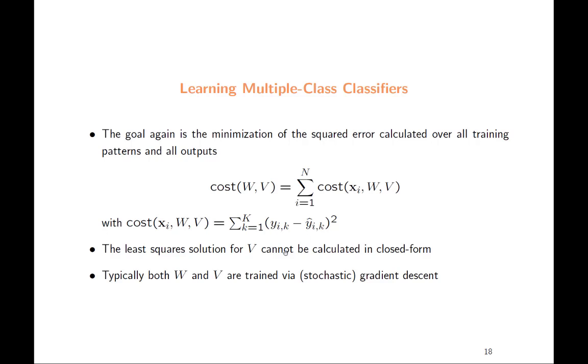But we cannot calculate these parameters in closed form now. So for the multiclass, also for the W naught and for V naught, even if we have linear outputs where we might be able to fit the W with some least squares fitting solution, the V's cannot be fitted in this way.